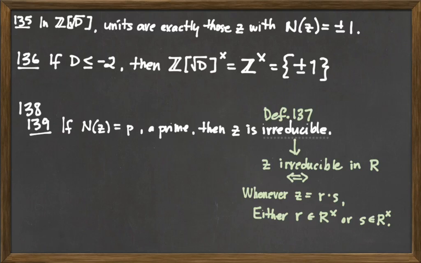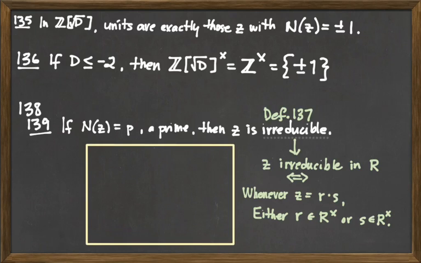So let's just specialize that to a couple of familiar examples, the ones that we're going to have to borrow from repeatedly over the course of the semester. Let's take, for example, the integers. If R is equal to Z, then what are the irreducible integers?